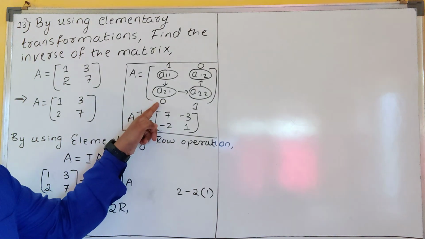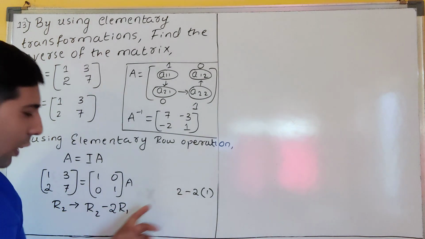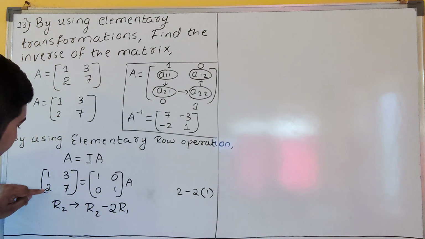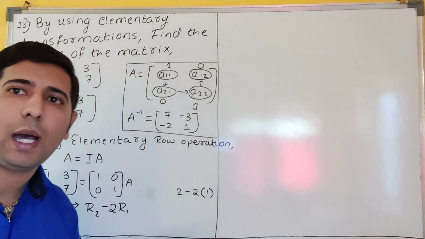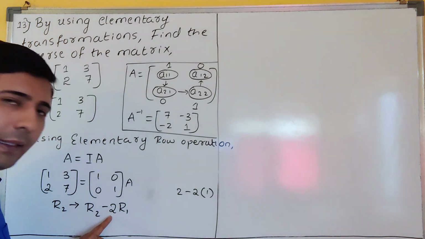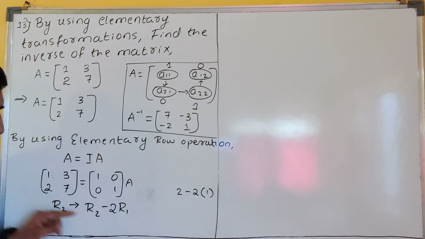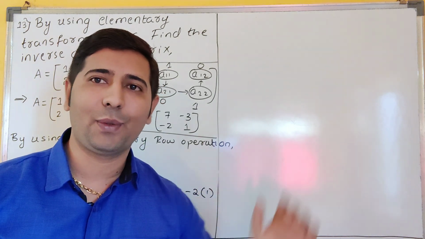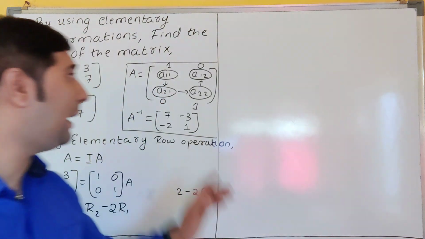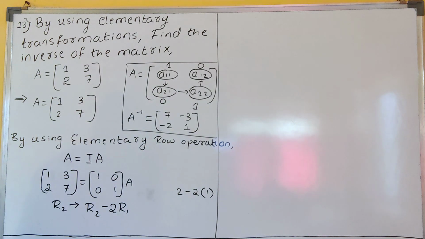That is what is required for me. So how to apply this operation depends upon the number here. If it is 3 here, I would have multiplied by minus 3 into R1, dear students. If it is 5 here, I would have multiplied by minus 5 into R1. Got it? So that's why we make this 1, dear students.